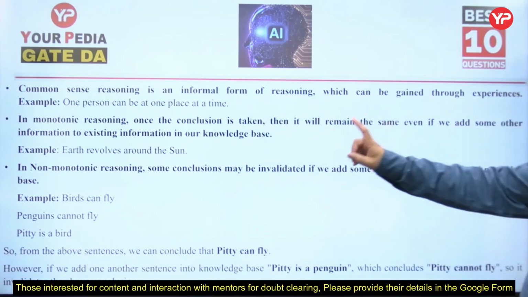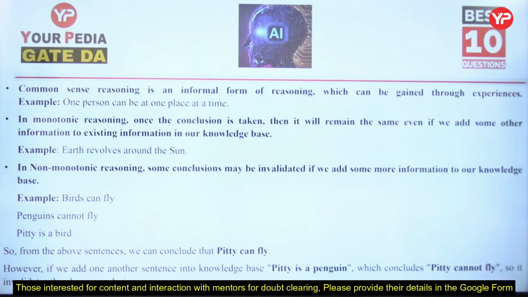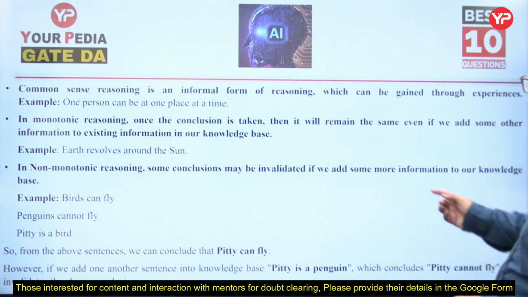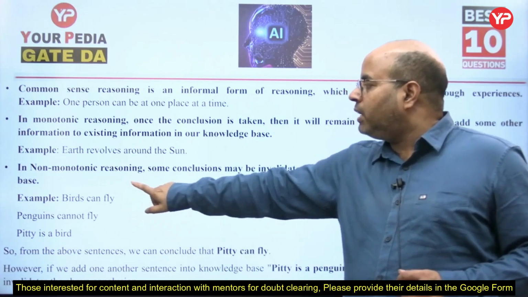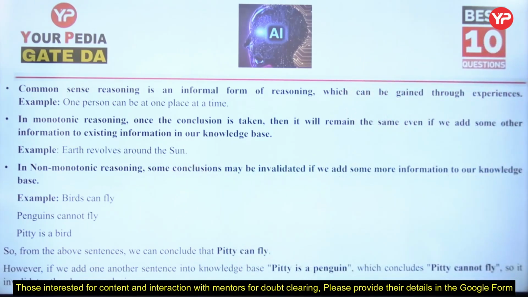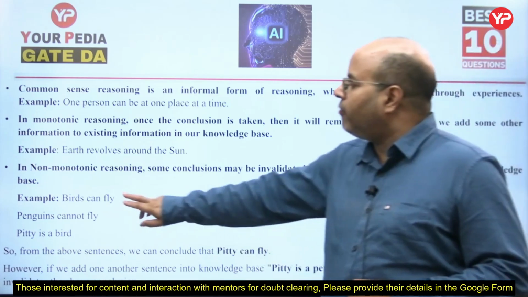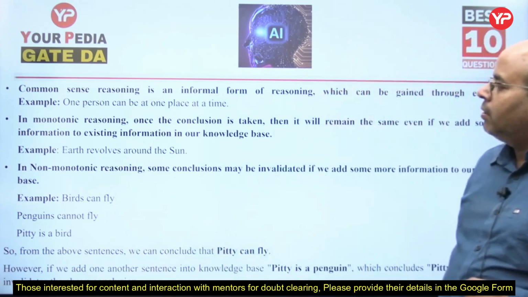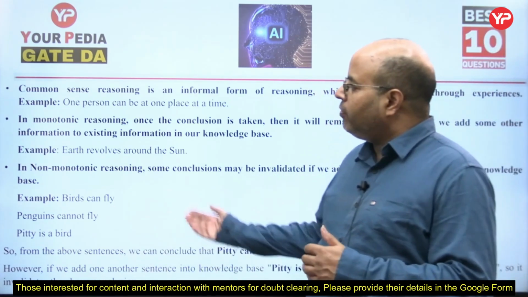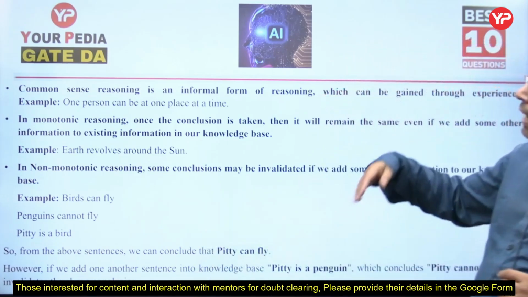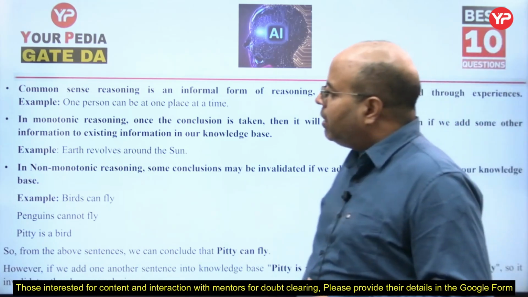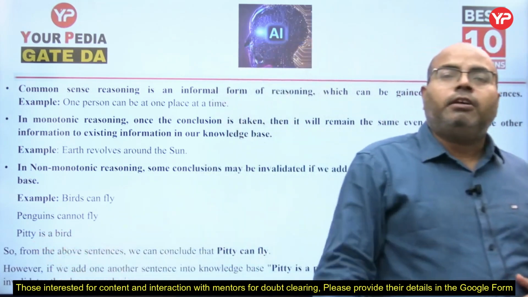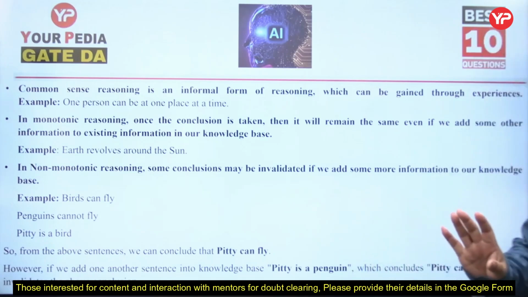Then there is non-monotonic reasoning, most common sense reasoning, like some information we will provide and that will change the thing. Suppose birds can fly, there's one statement, and we have another information also that penguins cannot fly. Then we have got another bird, Pitty. Pitty is a bird. Now whether Pitty can fly or not.